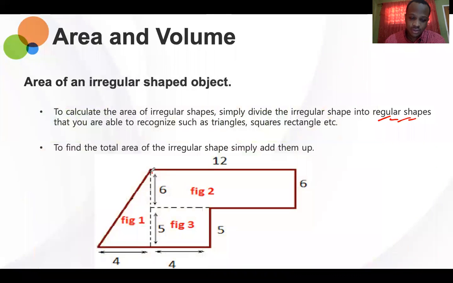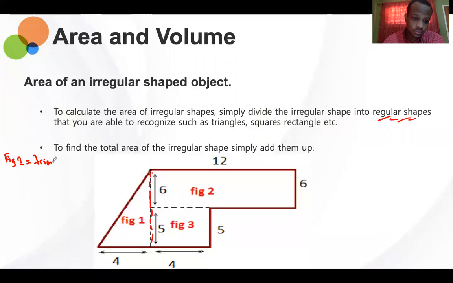So let's divide this irregular shape into regular shapes. We have figure 1. What is figure 1 here? What is the figure, a circle, a triangle? So figure 1 is a triangle. Let's put that down: figure 1, triangle. And what is our formula for triangle again?